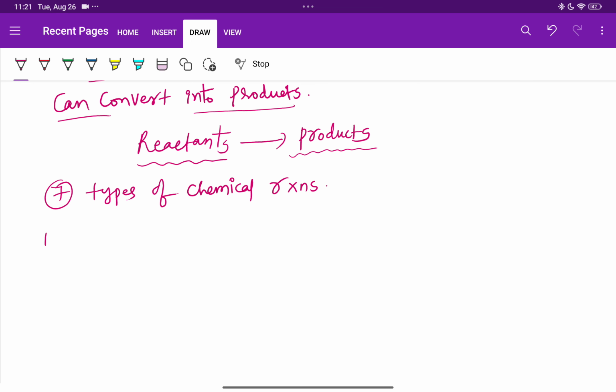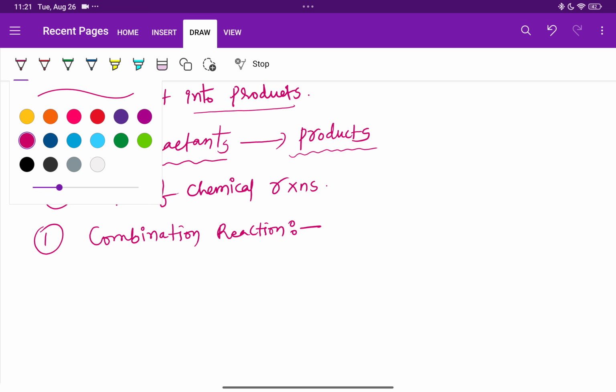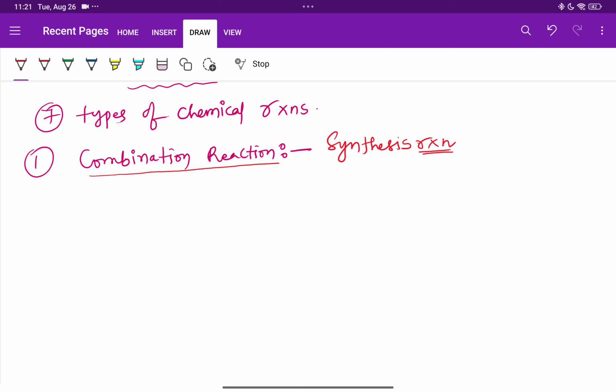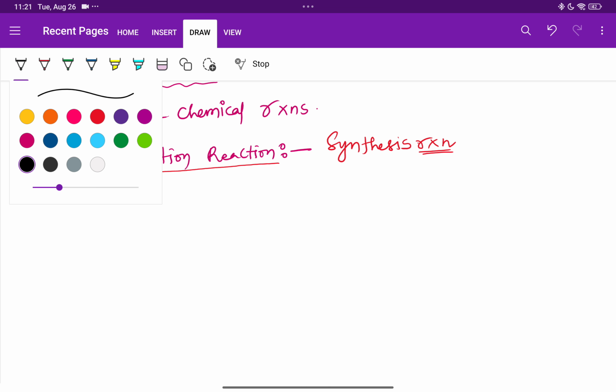In that, the first one is combination reaction. Another name is synthesis reaction. RXN is nothing but reaction. So what is the definition of combination reaction? Simple.